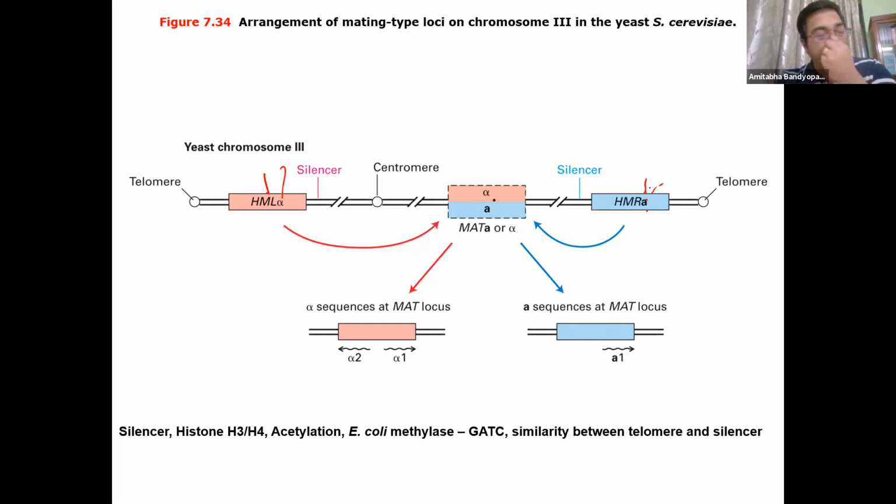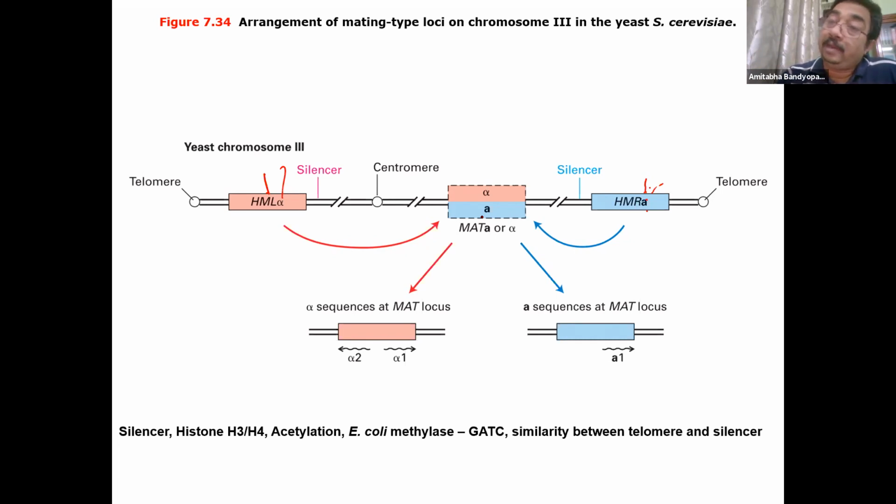So there is a mating type locus somewhere towards the center of the chromosome, which is far away from the two telomeric ends.